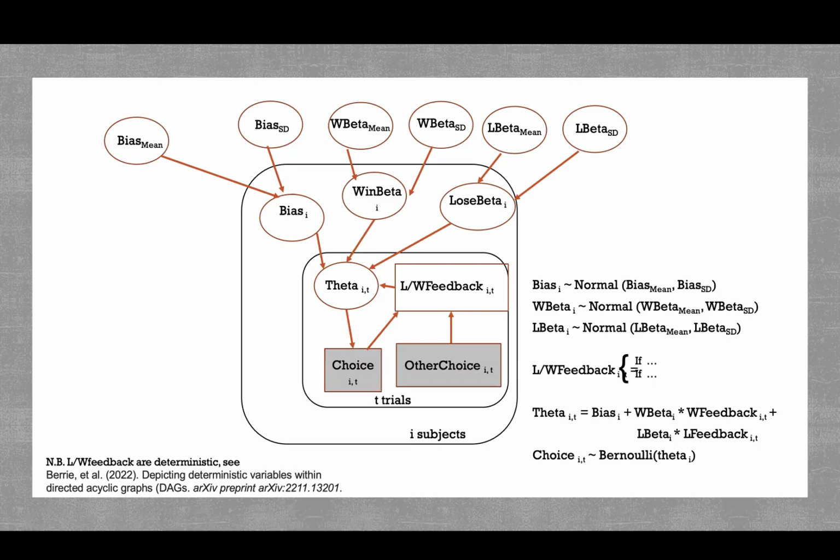So this is describing random effects. It's saying there is a population level estimate from which the individual estimate is sampled, which means it will not be exactly the population level, it will be slightly different.